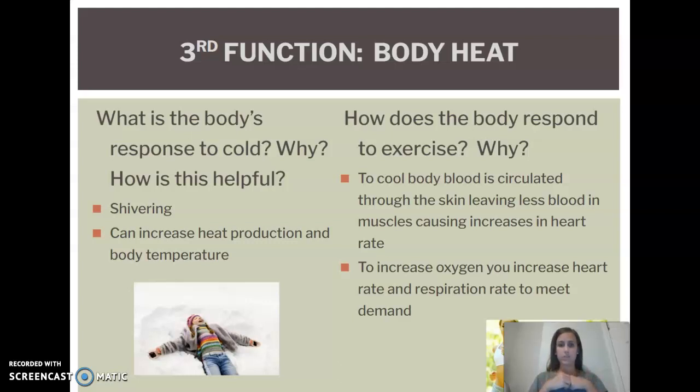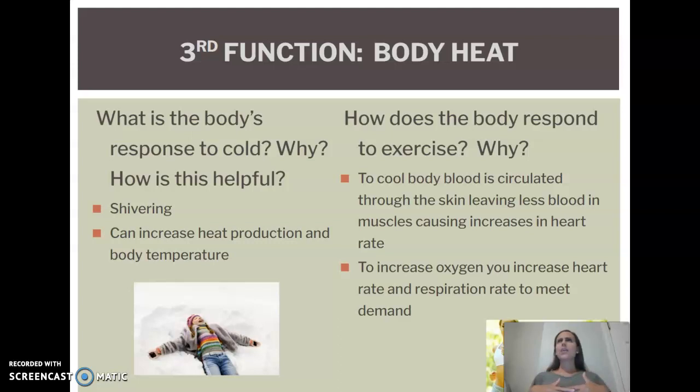We spoke about that in previous weeks. But not only does the muscular system help to heat the body, as we're exercising, it does help to cool the body as well.